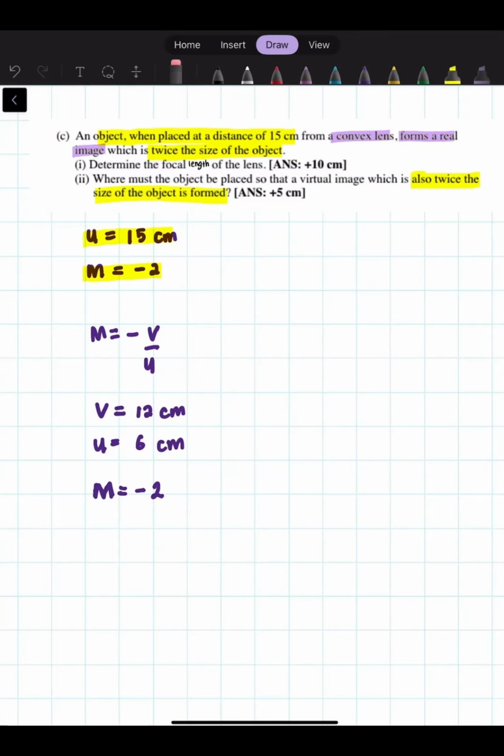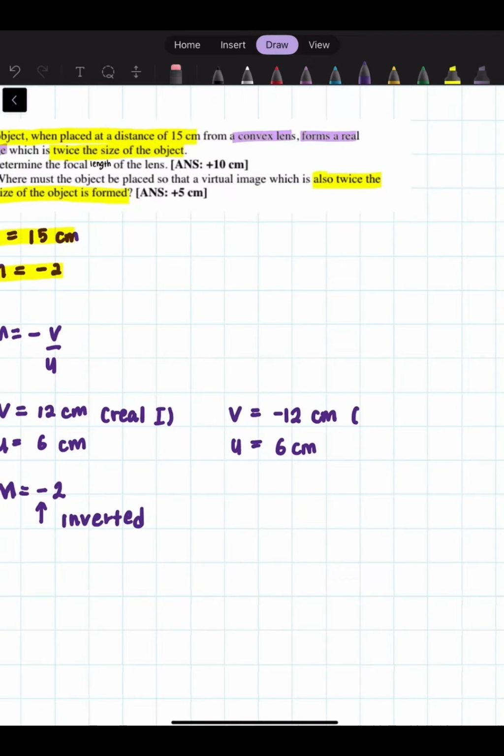The magnification here shows that the image formed is inverted. Well, let's say if we have a virtual image, the value for the image distance will be negative, and the u is the same, 6 cm, and the image distance for this virtual image is minus 12 cm.